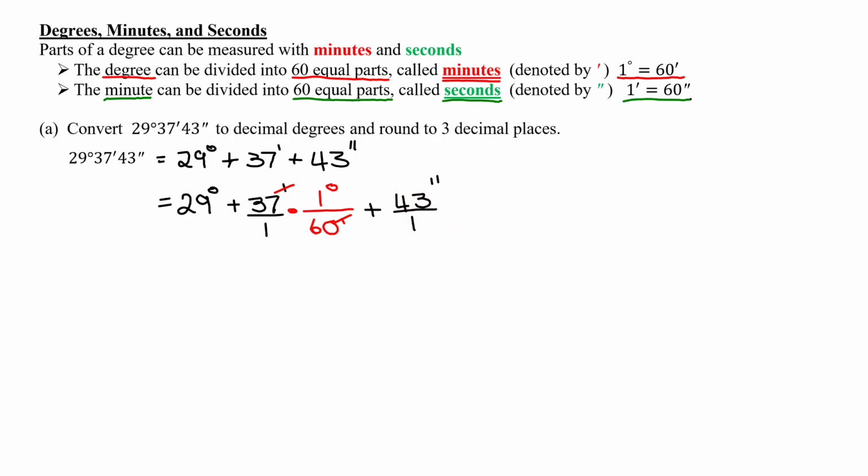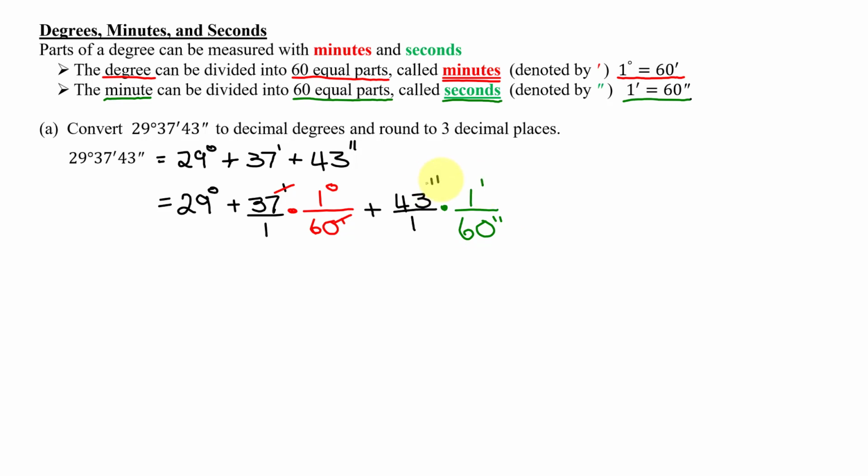The first thing I'm going to have to do is convert my seconds to minutes using this conversion factor. Since I have seconds in the numerator of this fraction, I need seconds in the denominator of this fraction. So I have 60 seconds equals 1 minute.